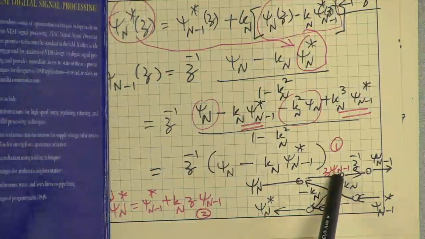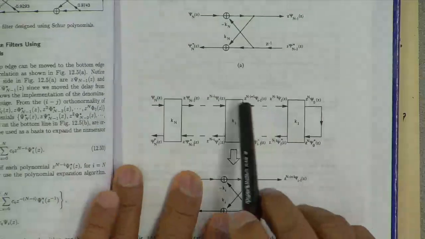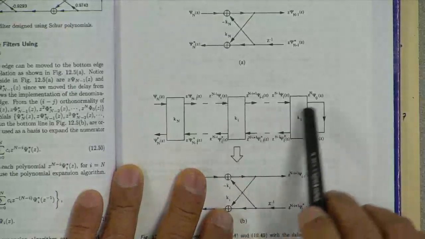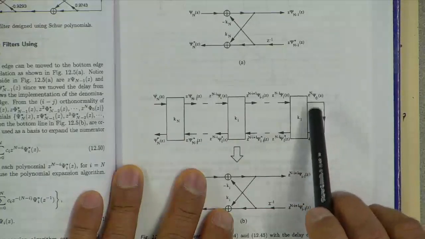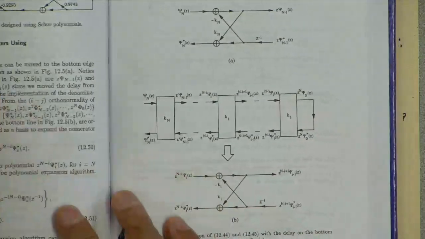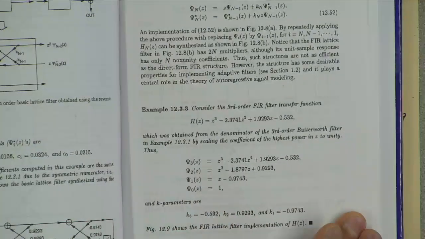This was z times psi n minus 1. We push this down, the next one becomes z squared psi n minus 2 star, and so on. At the very end, all the delays are in the bottom path, z to power n psi 0 star. Okay, so that's something to keep in mind.